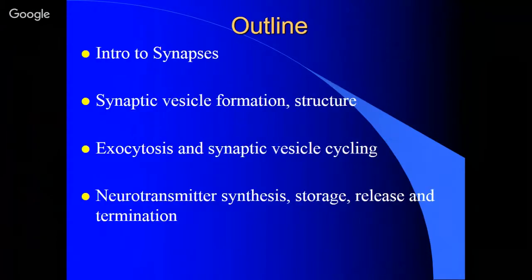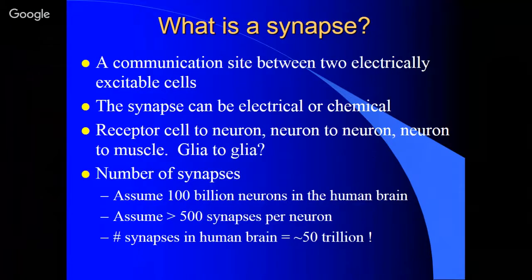We're going to build on the concepts of last week's lecture on the plasma membrane and other membrane systems. We'll have an introduction to the synapse. We will talk about the synaptic vesicle and its structure. And then, of course, the central portion, which is the exocytosis and vesicle recycling, along with neurotransmitter synthesis and general terms and storage and that sort of thing.